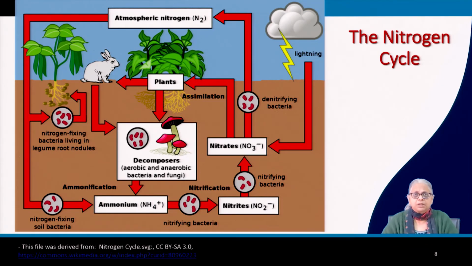Let us now come to the next one, and that is the nitrogen cycle. Now, you have probably studied in high school that nitrogen, which is an inert gas, is not in bioavailable form. So, even though we have so much nitrogen in the atmosphere, it is not bioavailable nitrogen.